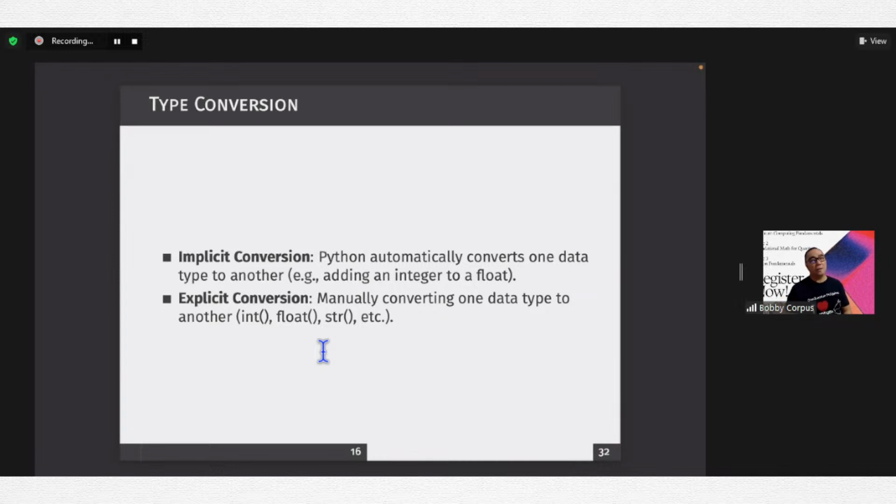But 3 is a integer, so you have to cast that to a string using this function. So you have to explicitly convert, otherwise your program will fail.